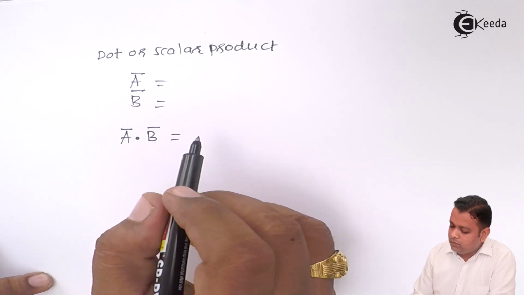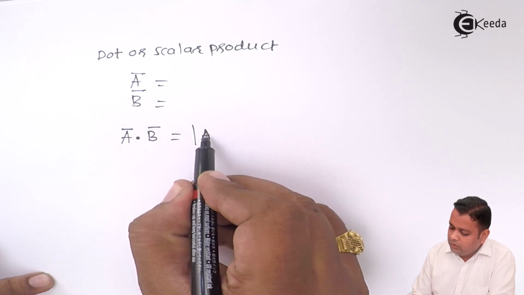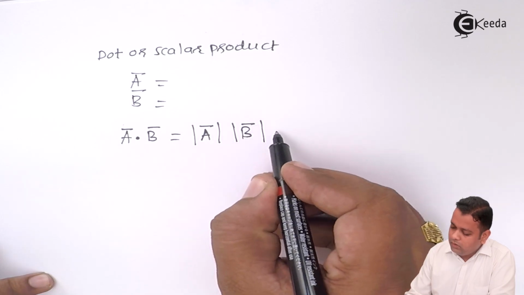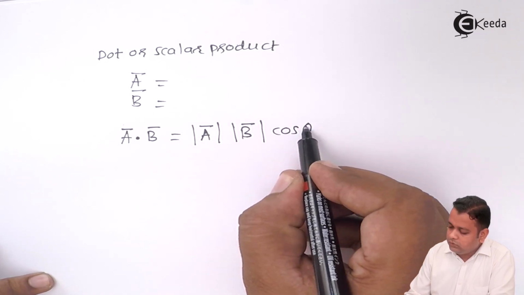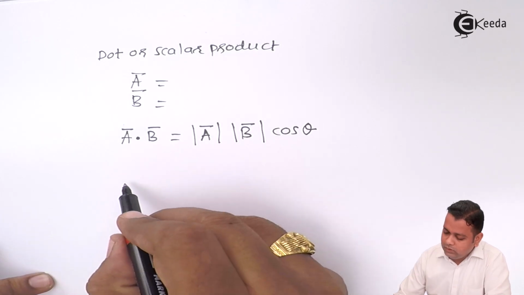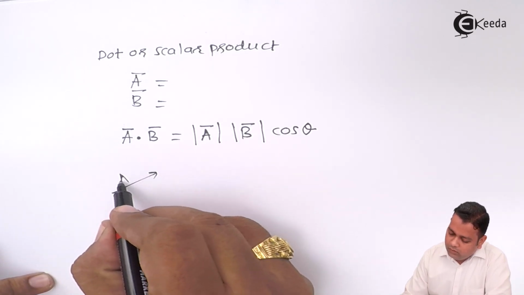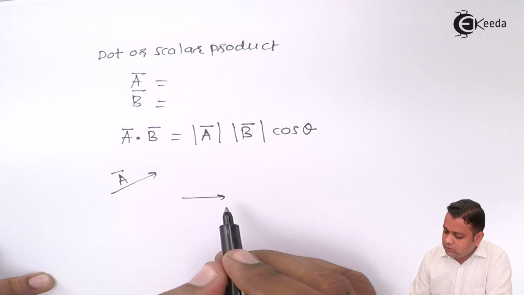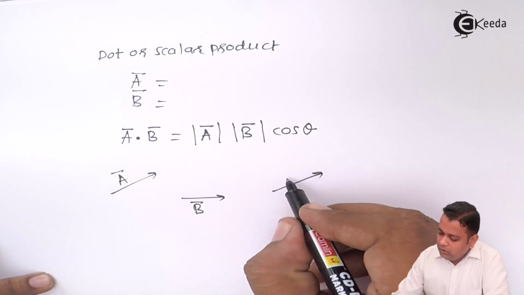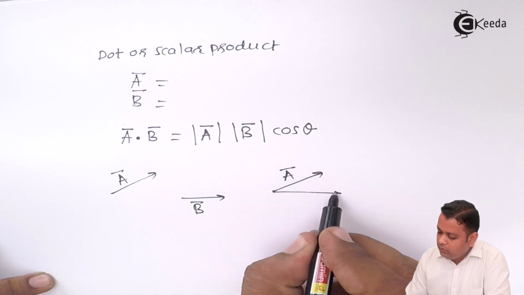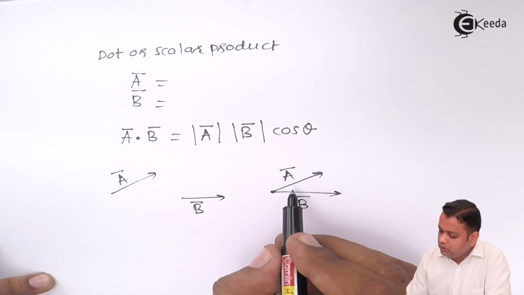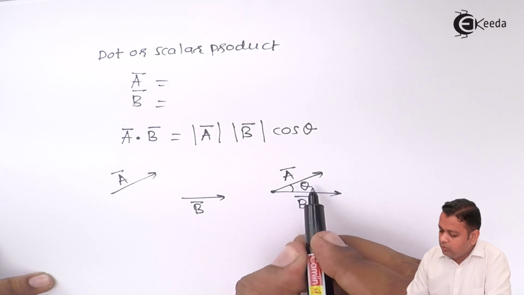The formula for the dot product is the magnitude of A bar into the magnitude of B bar into the cosine of the smaller angle theta between them. So in space, if this is A bar and this is B bar, and we take A bar and B bar to have the same source point, this is the smaller angle theta between them.